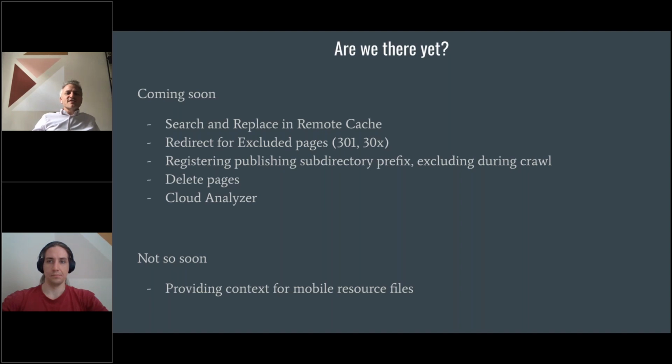Based on this request, we started the process where from now on you will be able to register the subdirectory publishing path prefix. Whenever it is provided for a certain target language, we will be able to exclude these subdirectories automatically. We still will not be able to verify them, but whatever information you provide, we will respect it and not crawl this most likely foreign language content that would pollute the database.